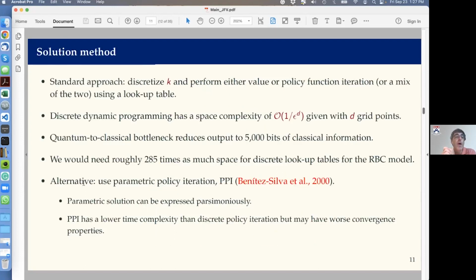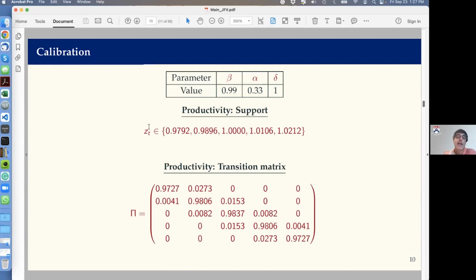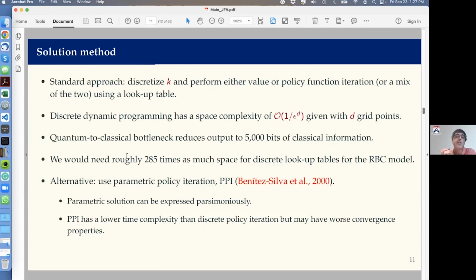So what is the solution method? Remember, I told you that this will be a standard homework for first-year graduate students. Well, what I tell my graduate students is z is already a discrete state variable, so I also discretize K. And once you have both discrete values for K and Z, you can perform either a standard value or policy function iteration, or some mix of the two, using a standard lookup table.